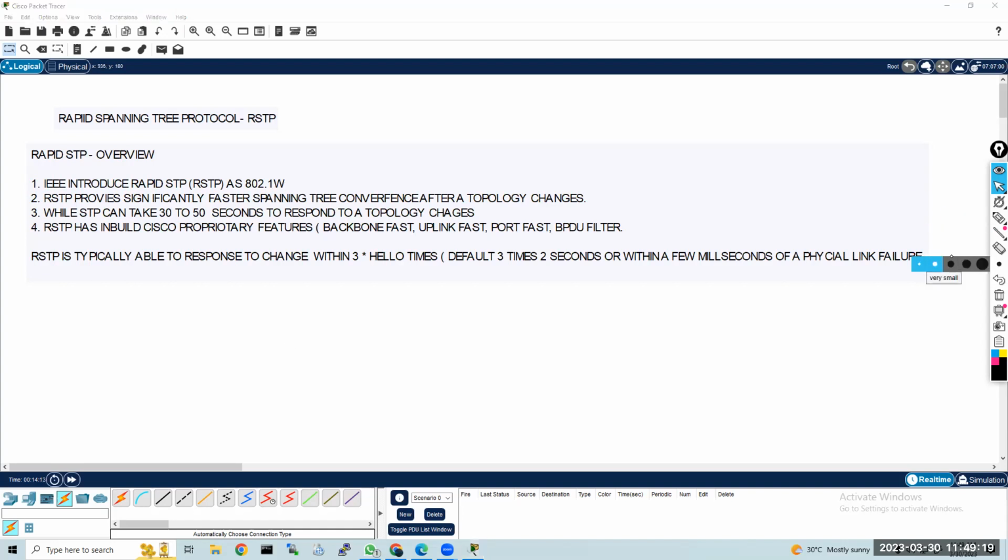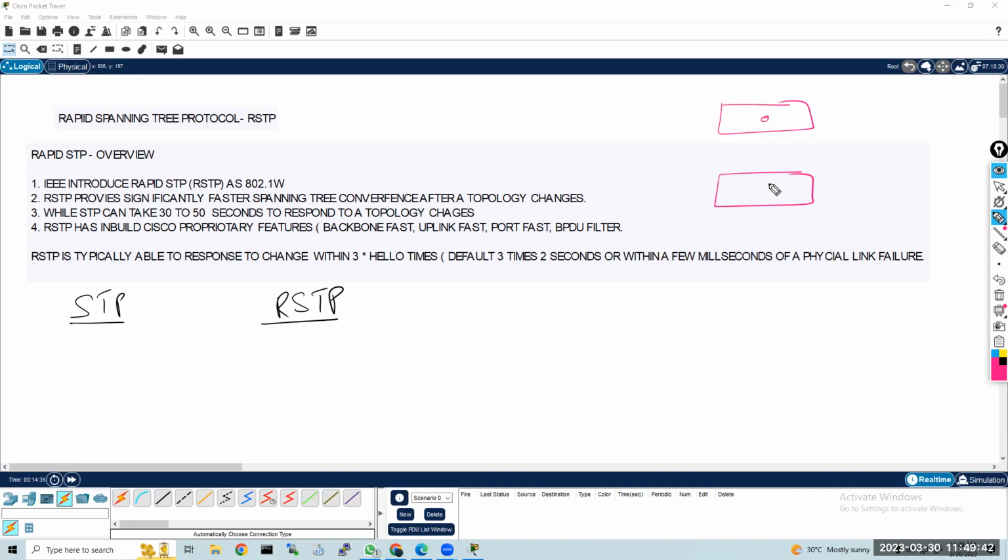Can you understand here? See, if you compare and differentiate STP and RSTP, if a link goes down, say for example this is my topology, where I am connecting two interfaces. As you know, one link by default is going to be blocked.